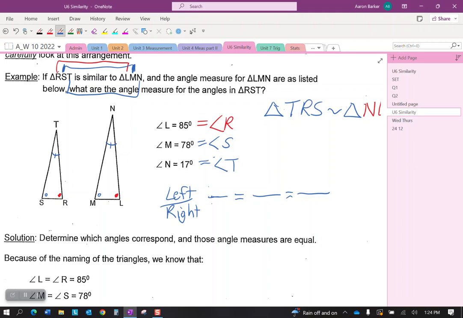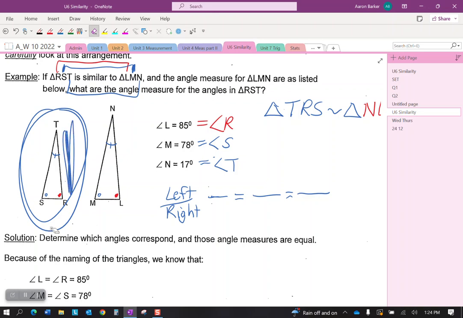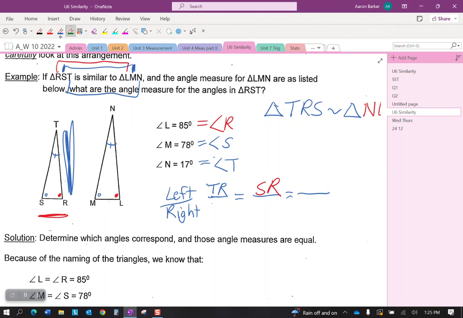On the left triangle, I'm just going to write down all the sides. I'll start with this side here, which is TR. Then the next side, which is SR. And then the last side, which is ST. I start on one side and just go in order. That takes no thinking whatsoever. But now you have to line up the corresponding sides.